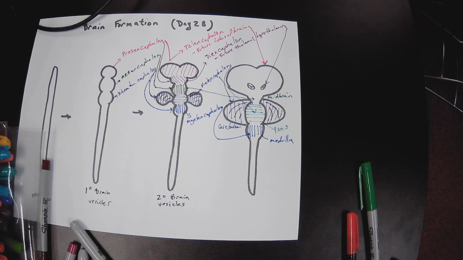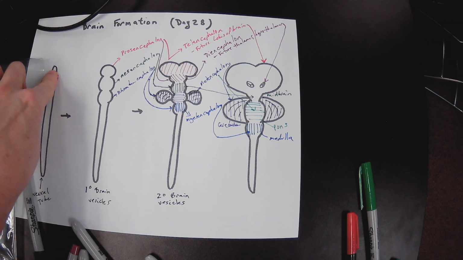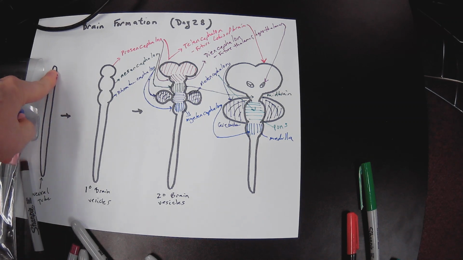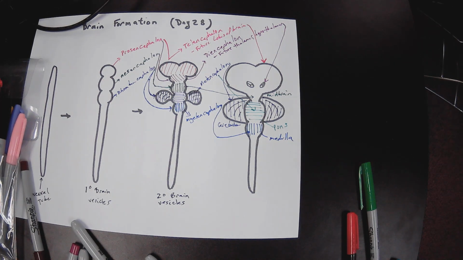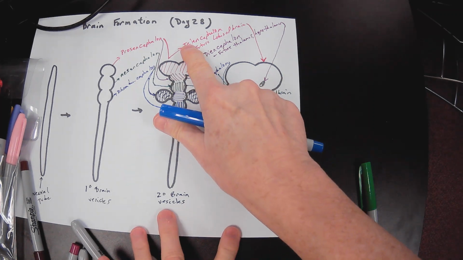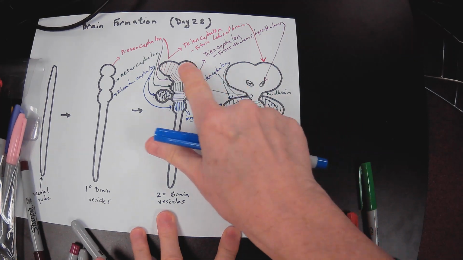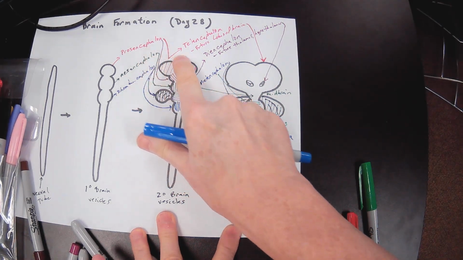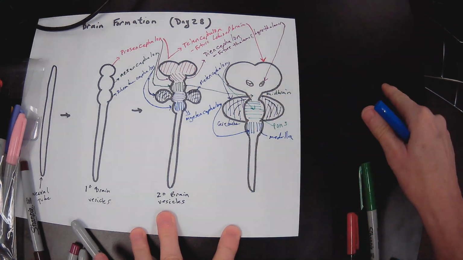So starting out at day 21, you have your neural tube formed. The anterior neuropore of the neural tube closes at about day 28. Then three different swellings happen: prosencephalon, mesencephalon, rhombencephalon. Prosencephalon becomes the telencephalon, which eventually becomes the cortical region of the brain. From the prosencephalon you also get the diencephalon, which becomes the thalamus and hypothalamus.